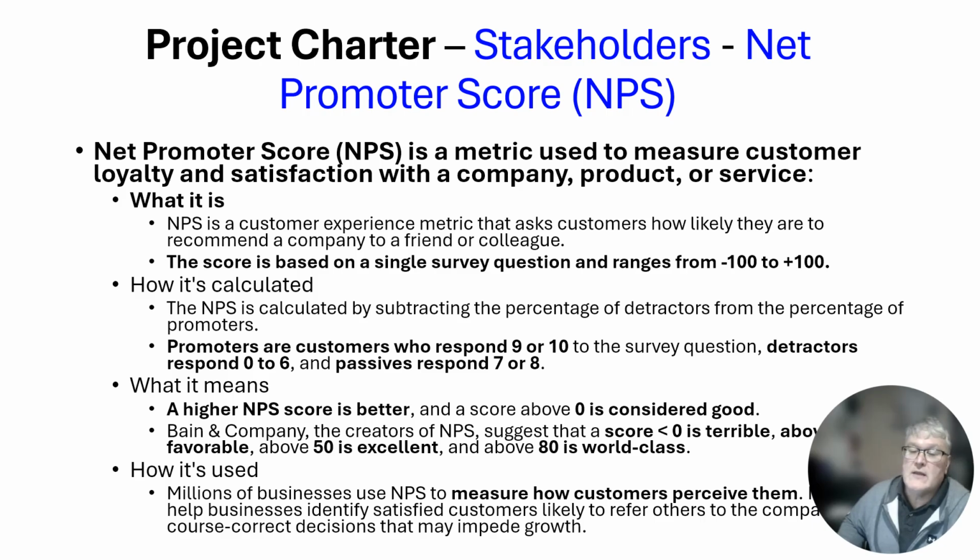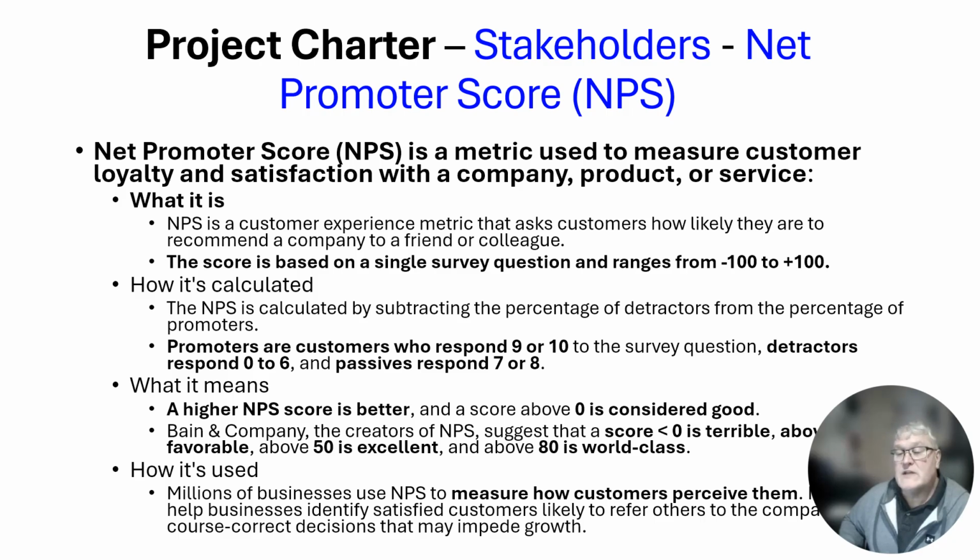How it's calculated, the NPS is calculated by subtracting the percentage of detractors from the percentage of promoters. Promoters are customers who respond 9 to 10 to survey questions. Detractors respond 0 to 6, and passives are 7 to 8. What it means, a higher score is better.